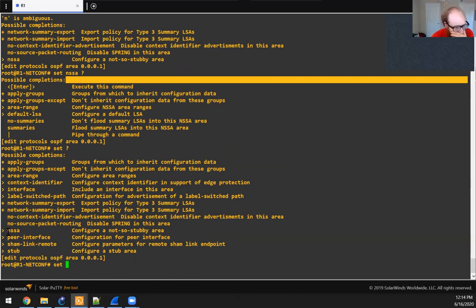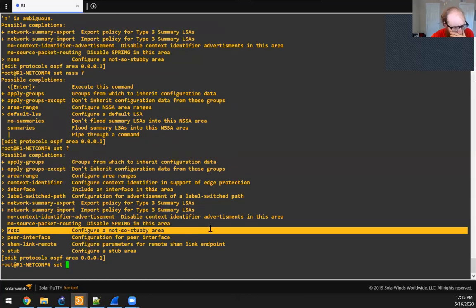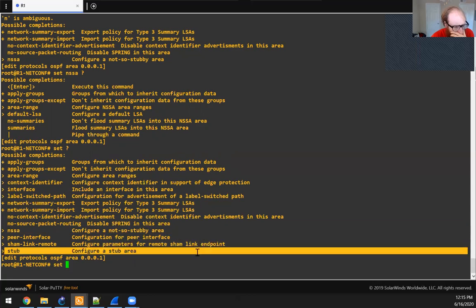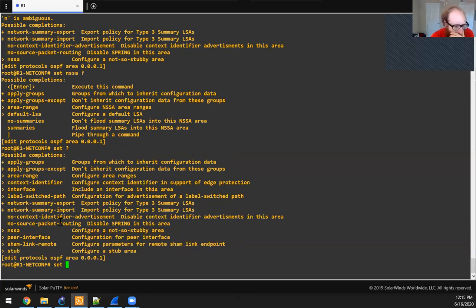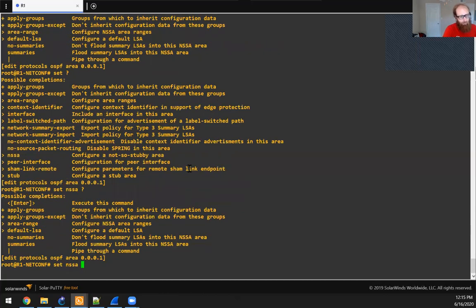There's the not so stubby area. There's a stub area, or the stubby area. And then there's the not so stubby area with summaries, which I believe is the default, with no summaries, which would make it a totally not so stubby area.